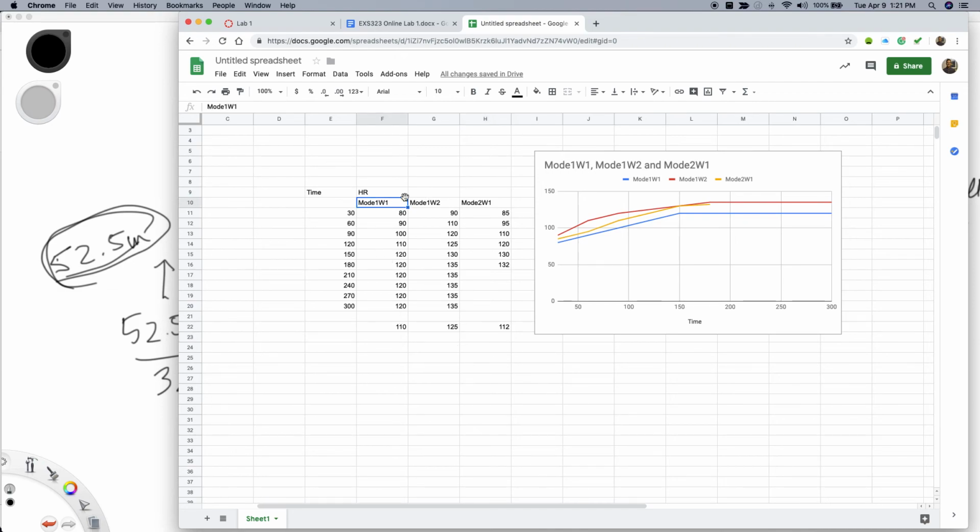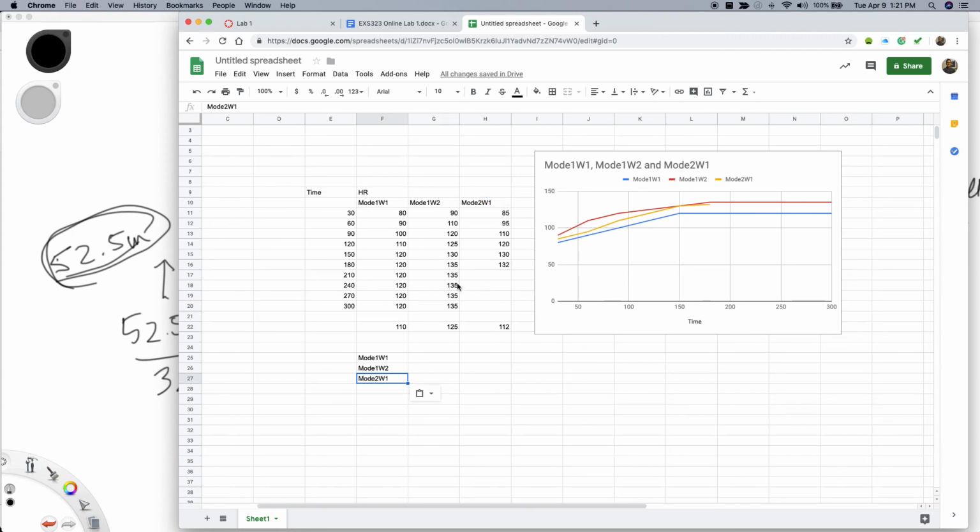And when you make a bar graph, the left-hand side is on the x-axis. Then we'll put 110, 125, 112. That is the heart rates. You can highlight this whole thing and say insert chart and choose a bar graph.